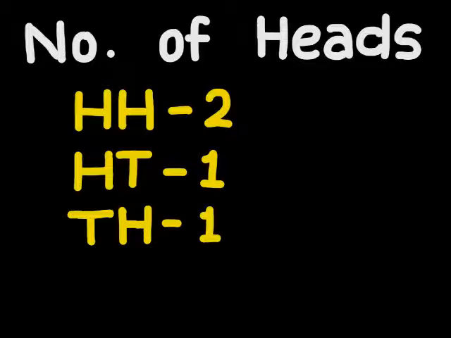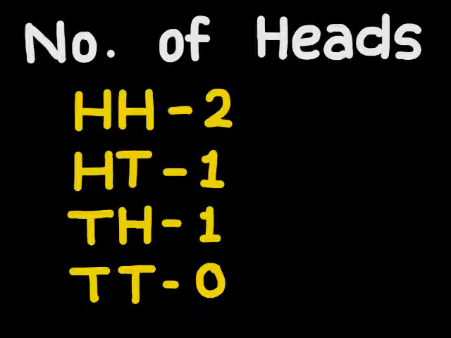For the outcome TH, 1 is assigned, which means that on the first throw the outcome is T, and on the second throw the outcome is heads. So the total number of heads is 1. That means the value of X for TH is represented by 1 in the random function table.